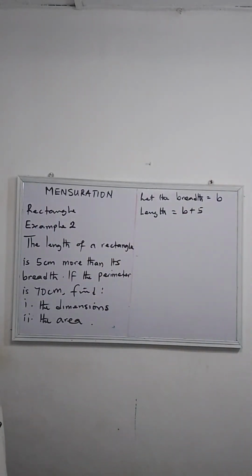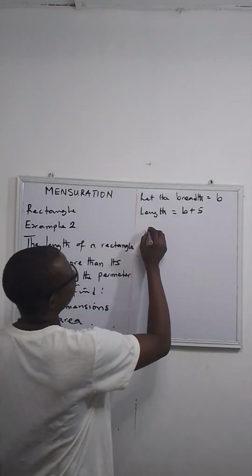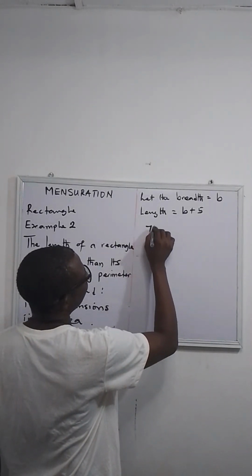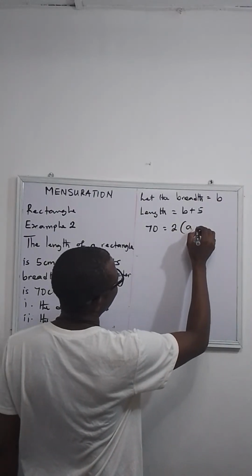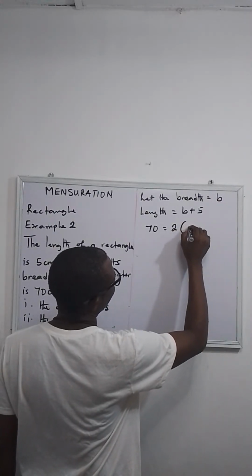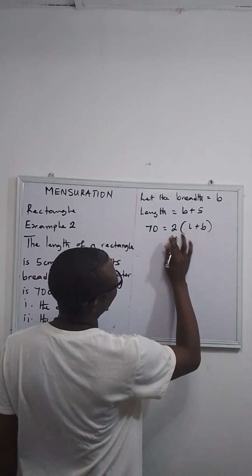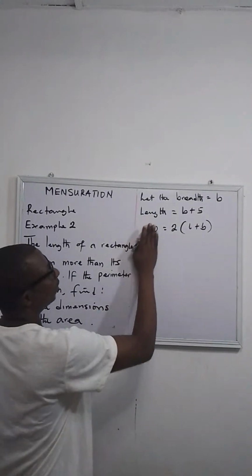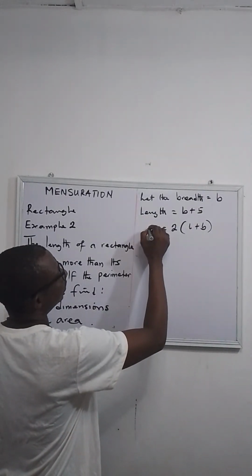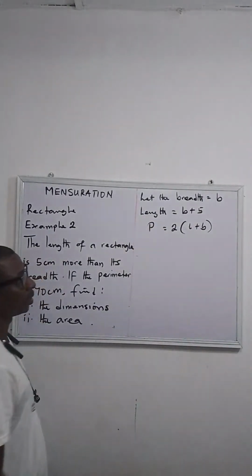All right, so now the question says that if the perimeter is 70 centimeters, that is 70 centimeters equals 2 times L plus B. Don't forget, this is the formula for the perimeter of a rectangle.